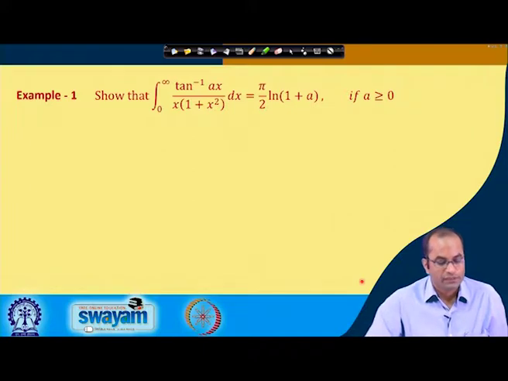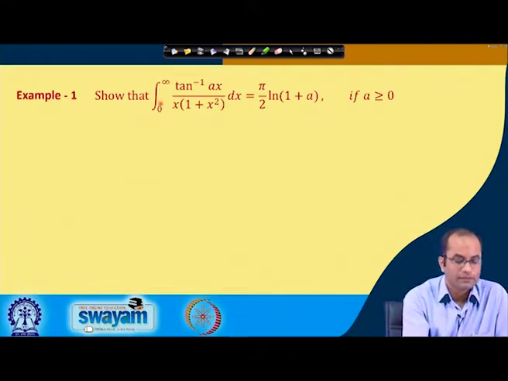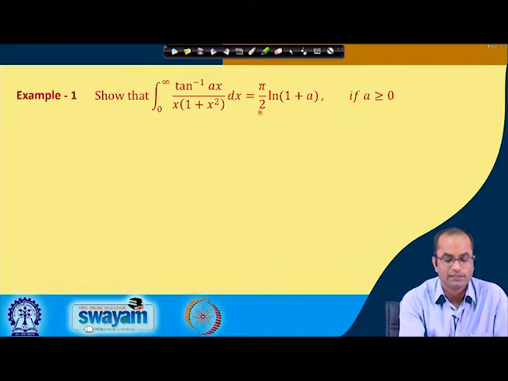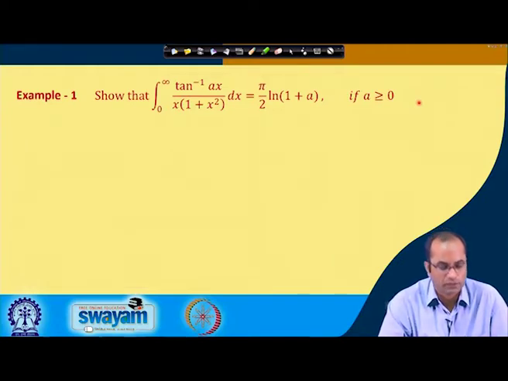Now in this example 1, we will show that the integral from 0 to infinity of tan inverse(a x) over x(1 plus x square) dx is pi by 2 times the logarithm of 1 plus a, where a is greater than or equal to 0.